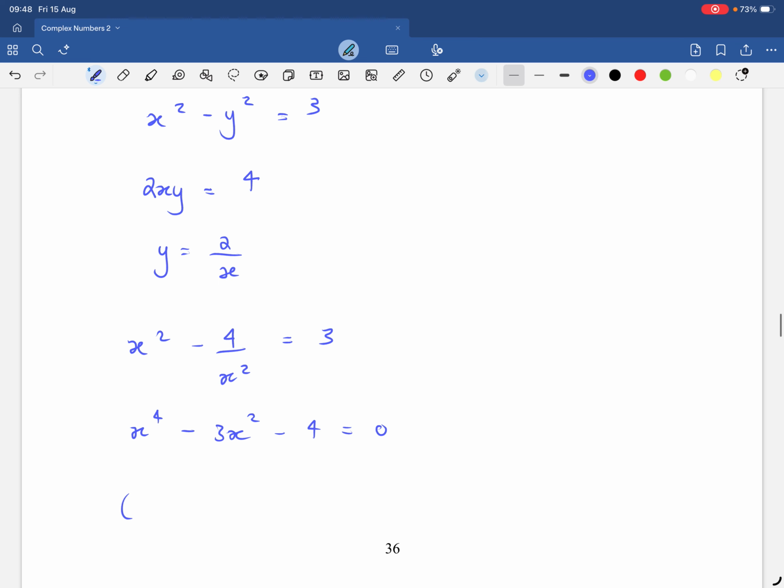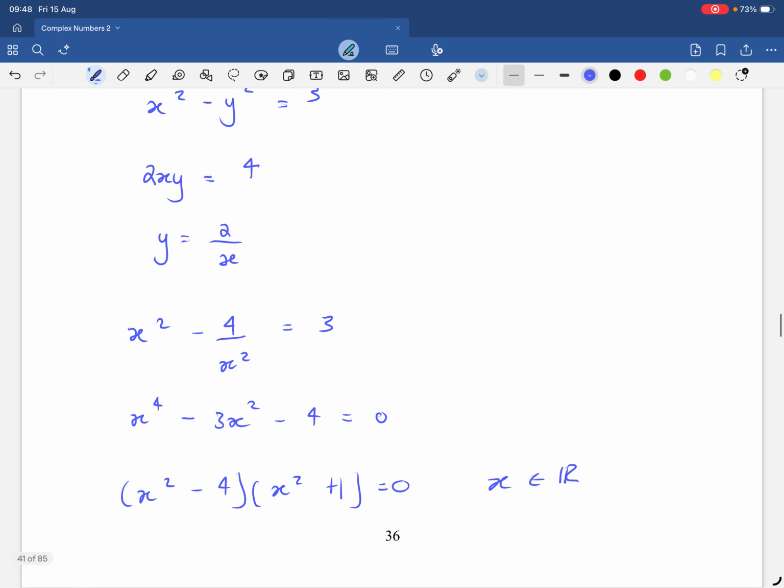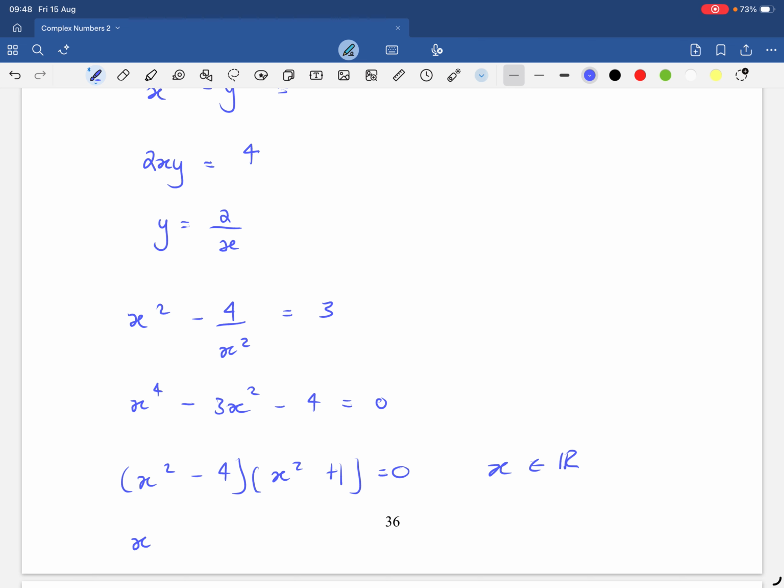If we factorize that, we get (x squared minus 4)(x squared plus 1) equals 0. Now we know x has to belong to the real numbers, so x has to be plus or minus 2. Now we know that y is 2 on x, so y is plus or minus 1.